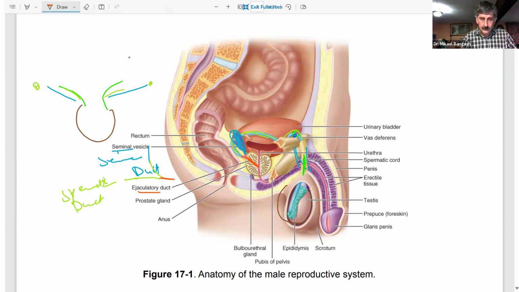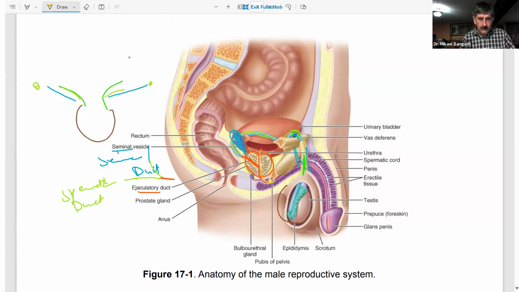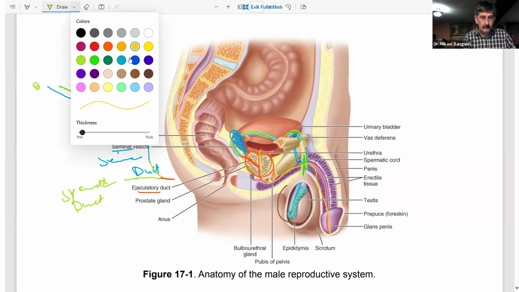This here, that's the prostate. Now here, the urine from the bladder will be running through this passage. But so will sperm.